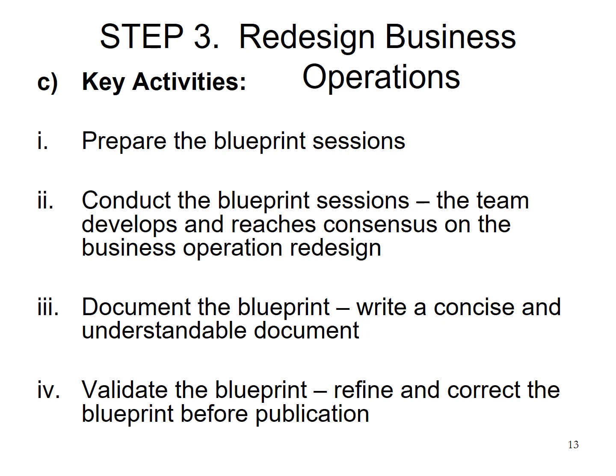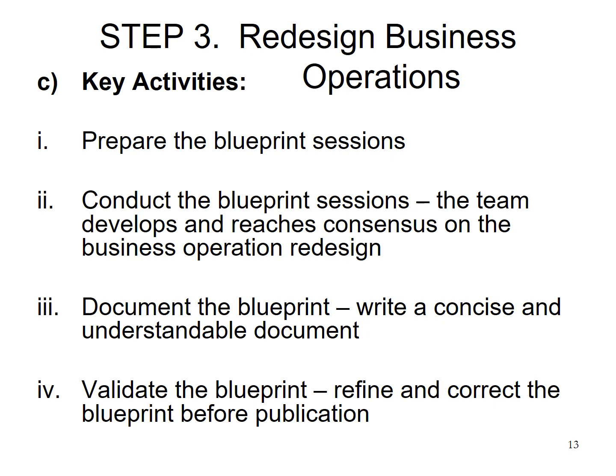There are 4 key activities of this step 3, redesign business operation. These key activities are just like what we have in step 2, in creating vision, values and goals. More or less the same, but the key activities for step 2 are on creating vision, values and goals.